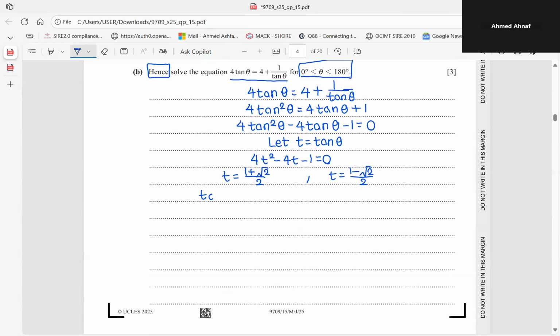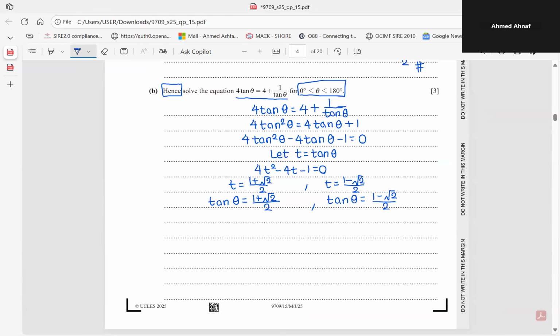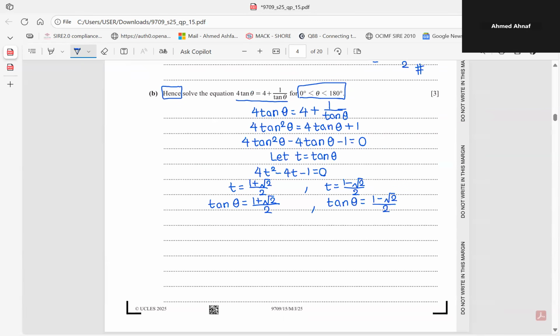So this would just be tangent theta equals (1 plus square root 2) over 2, and this would be tangent theta equals (1 minus square root 2) over 2. Okay, so let's see whether the values are positive or negative. So this first value is positive, and then this value must be negative.